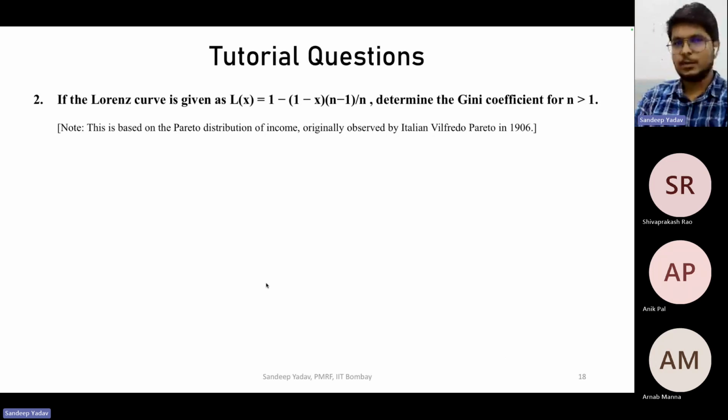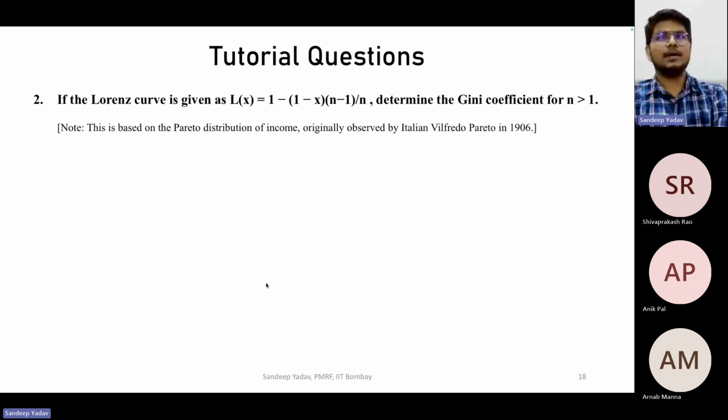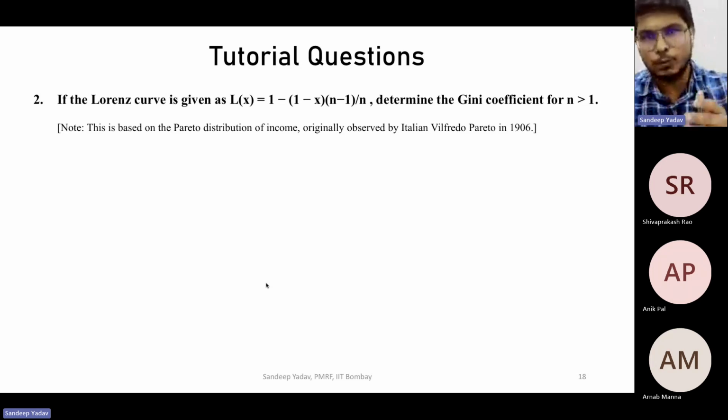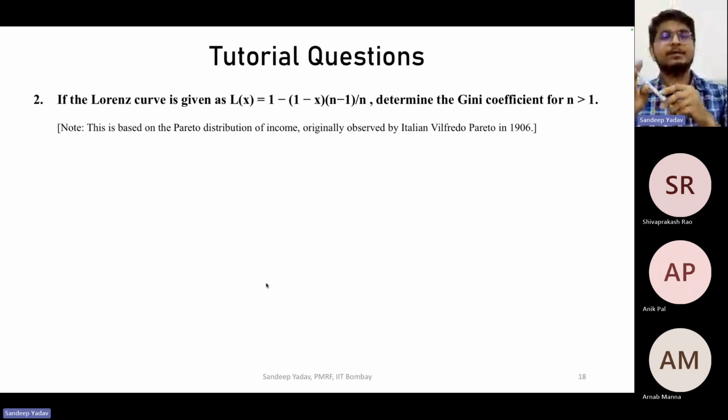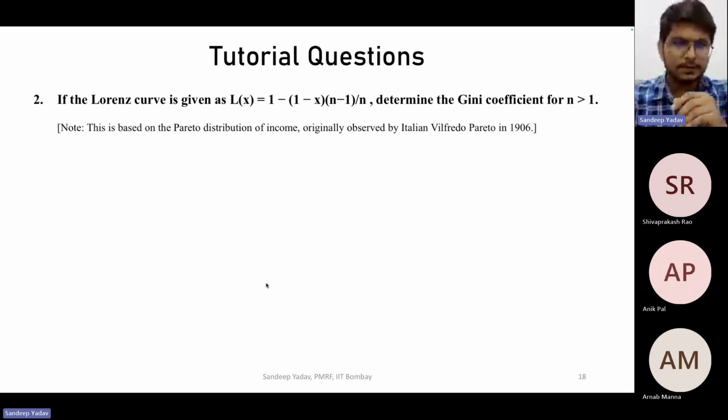You have seen this equation, the Pareto distribution of income. If you want more details, that will be covered when energy economics is discussed by the sir, as part of next week. So we are just solving it.